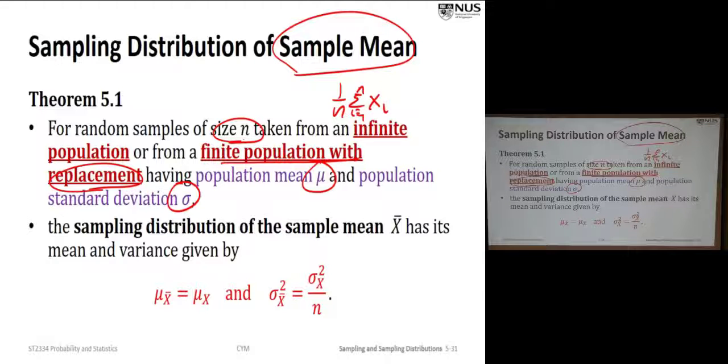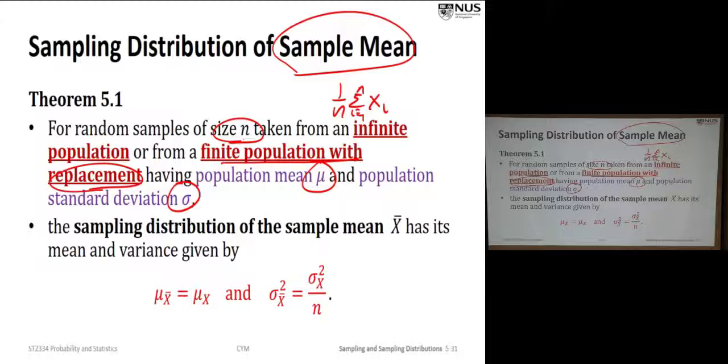I only say that the expectation of x bar is the same as the expectation of x, the same as the population's mean, what we expect from the x bar. Remember, it's the expectation of x bar, not x bar itself. What do you expect about the x bar?